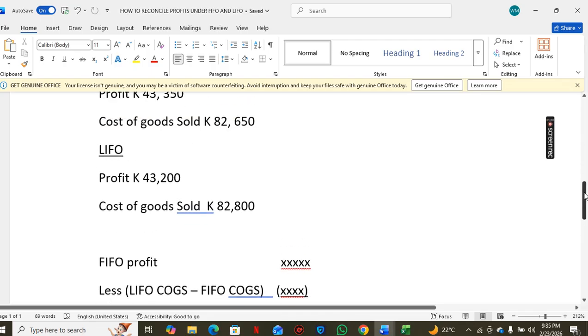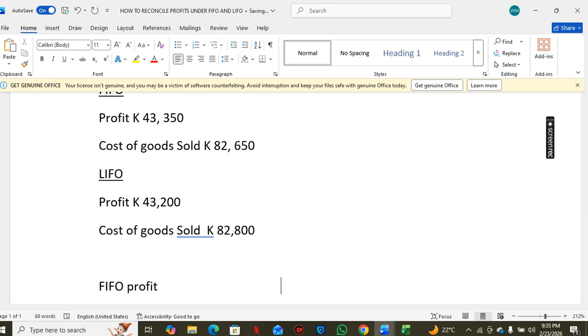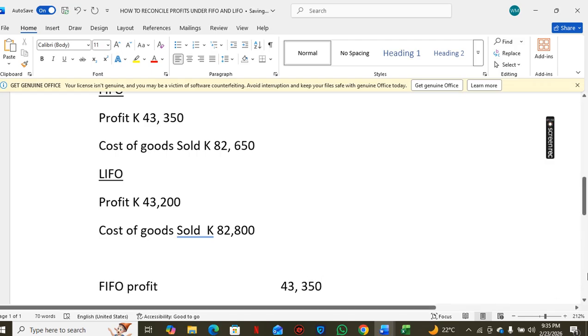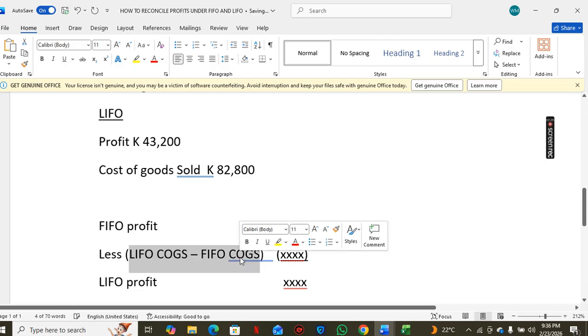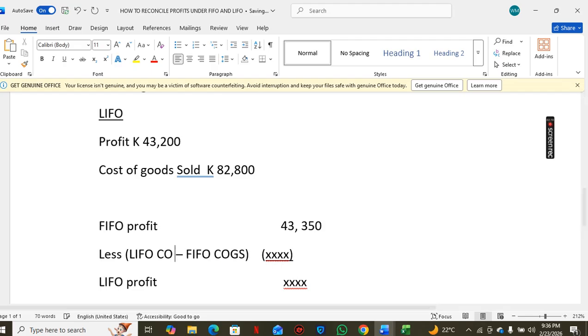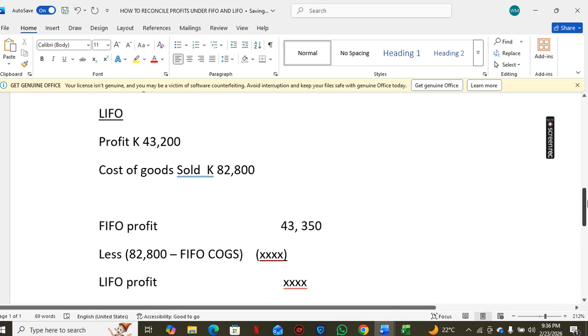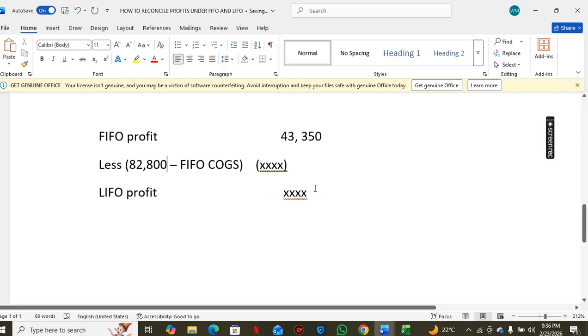So our FIFO profit is 43,350. We're going to subtract the difference between the LIFO cost of goods sold minus the FIFO cost of goods sold. So the LIFO cost of goods sold is 82,800 minus the FIFO cost of goods sold 82,650.